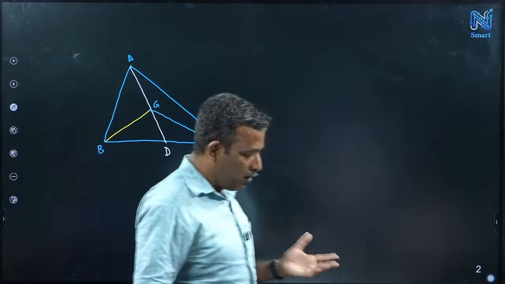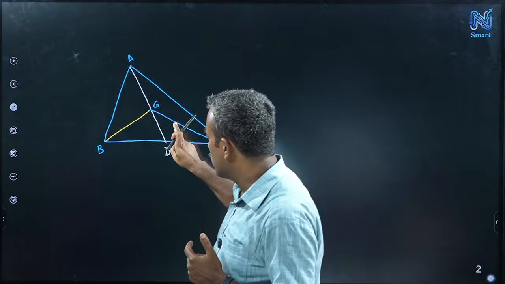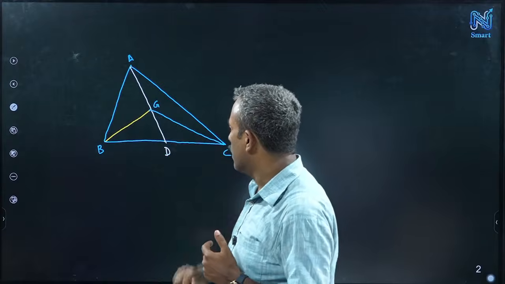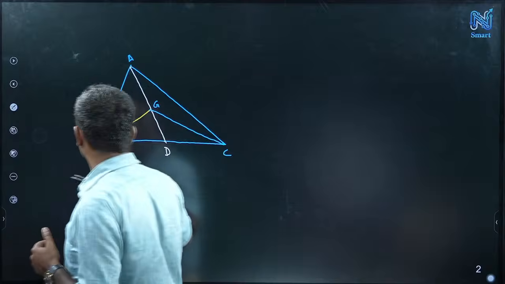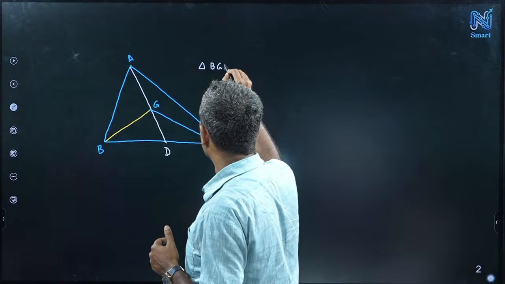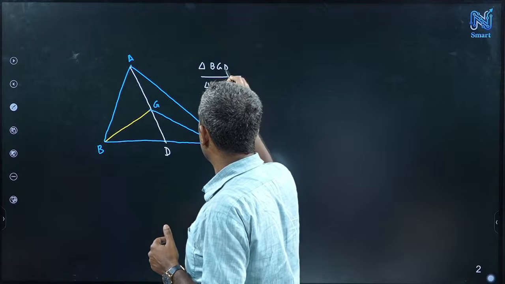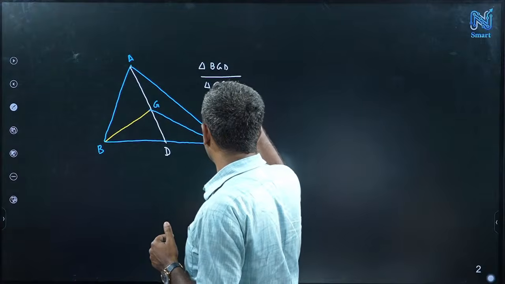Now we know the ratio of these two areas. We see that the ratio of area of BGD divided by area of CGD, what is that?